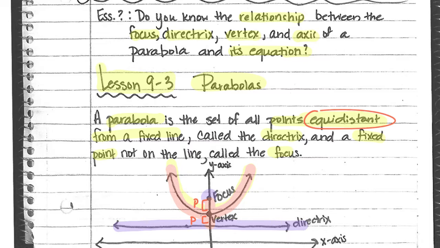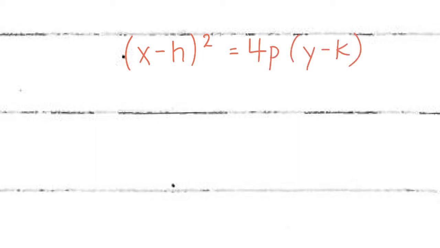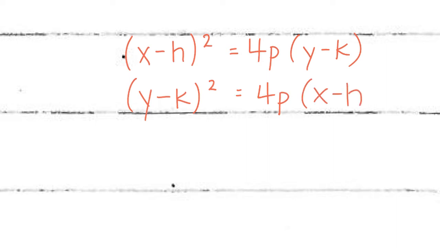So we need to know a few things about parabolas. The first thing we need to know is it could be an x squared. X minus h quantity squared is equal to 4p times y minus k. And we also have a y squared, y minus k quantity squared equals 4p times x minus h.